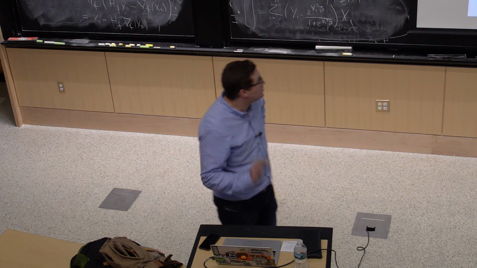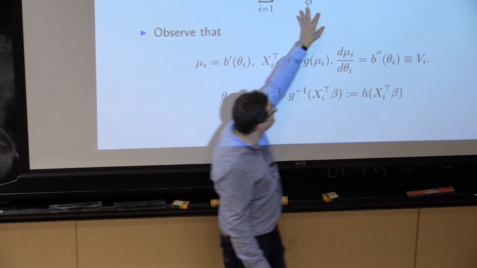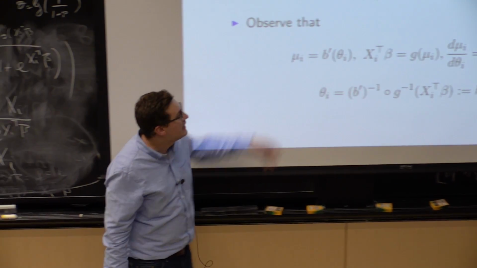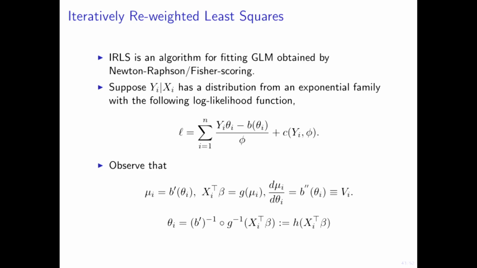All right? So this is just a reminder of what we had. We have that y_i given x_i is distributed according to some distribution in the canonical exponential family. So that means that the log likelihood looks like this. Again, this does not matter to us. This is the form that matters. And we have a bunch of relationships that we actually spent some time computing. The first one is that mu_i is b prime of theta_i.